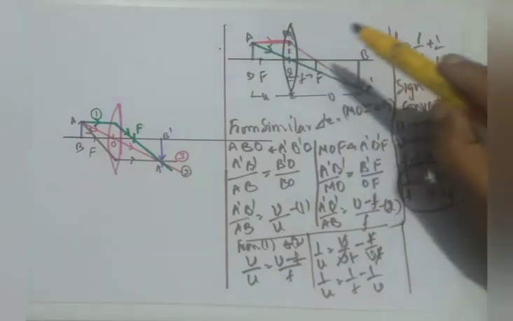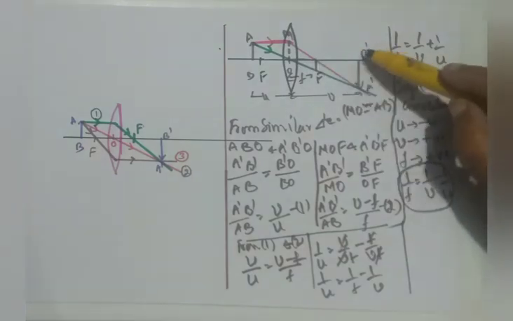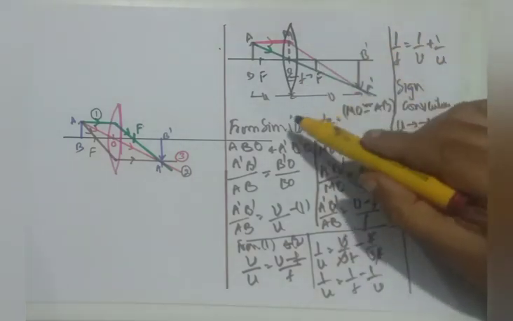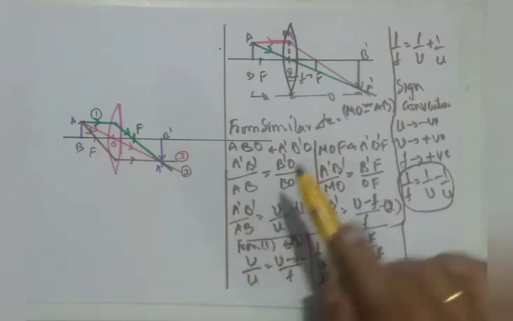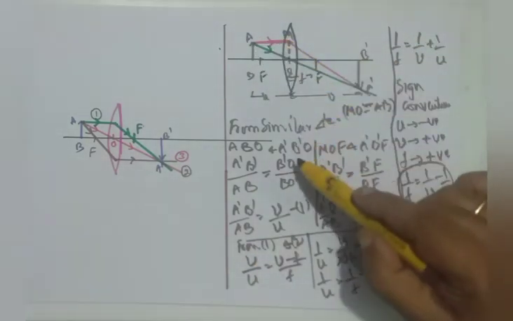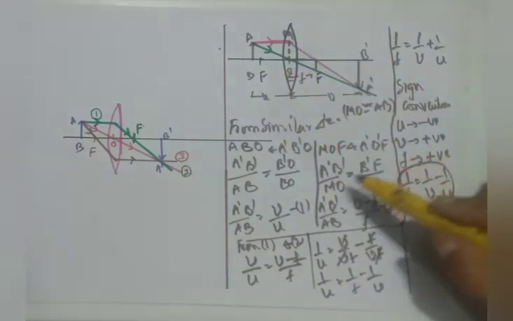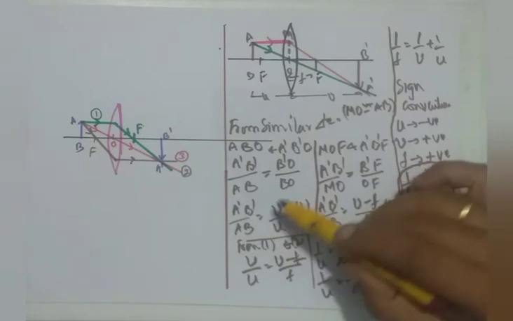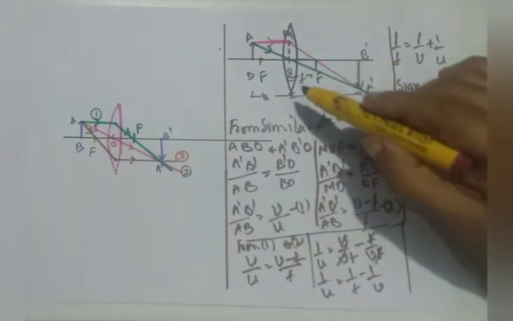One is ABO and A dash B dash O, and another pair is MOF and A dash B dash F. So in ABO and A dash B dash O, I can write A dash B dash by AB equals B dash O by BO. As B dash O is V, I have substituted.